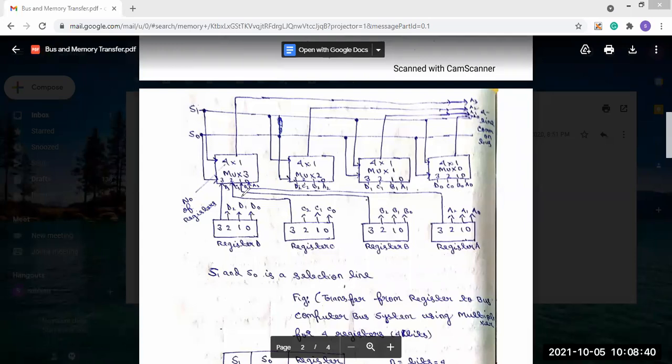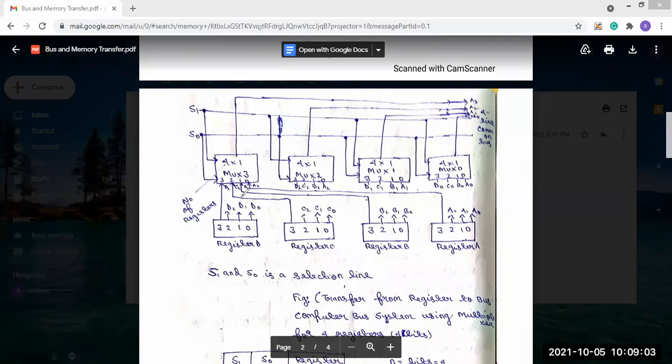Now, as the name suggests, memory transfer means the memory is involved here. So that means only two operations will be present among these four operations, because the memory is involved.